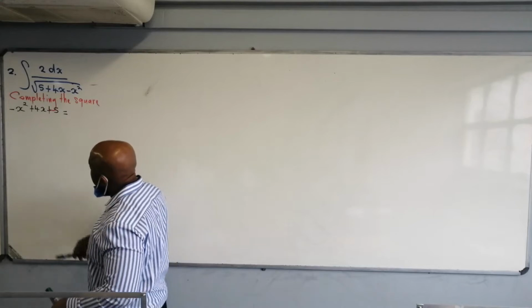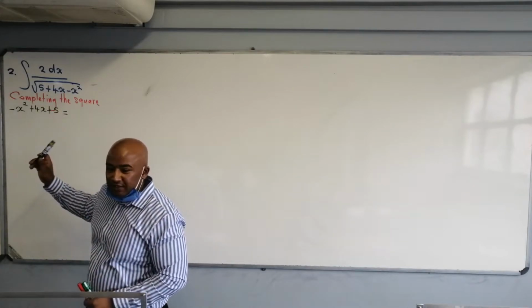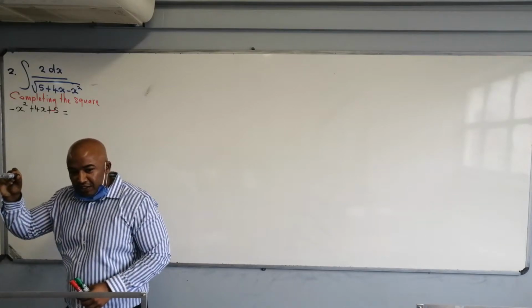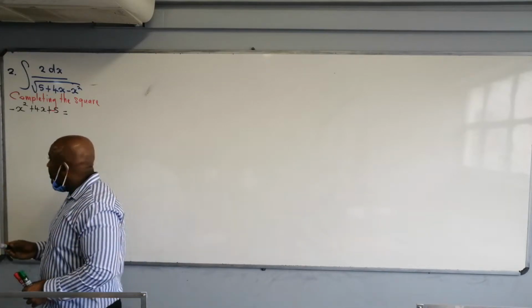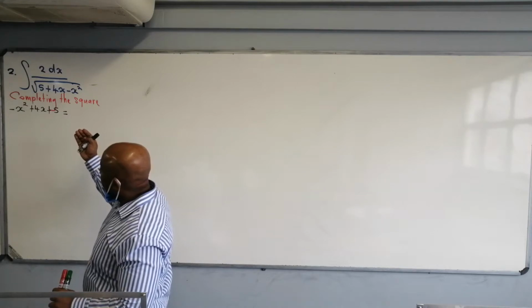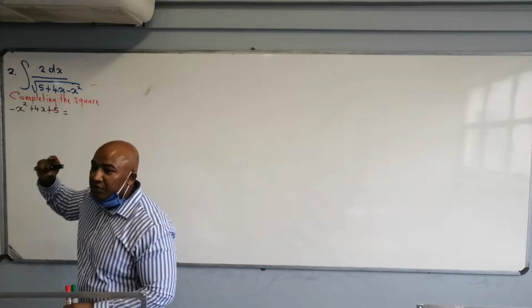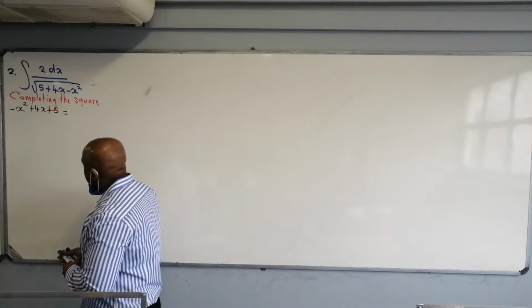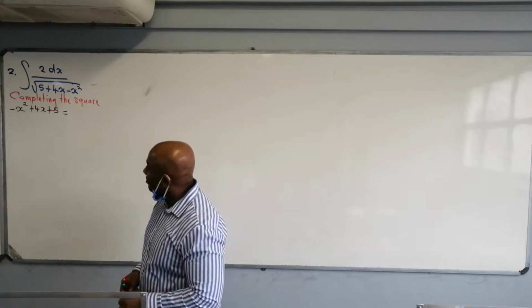Right, our next one is a fraction. The denominator has a square root. Okay, so you're going to go to your formula sheets and then you're going to check. Now, at the moment, you won't be able to tell until you complete the square. You need to complete the square in order to tell which one is the correct formula.